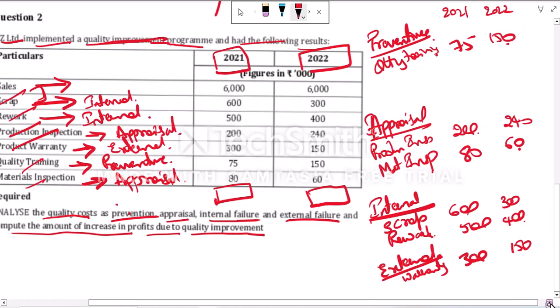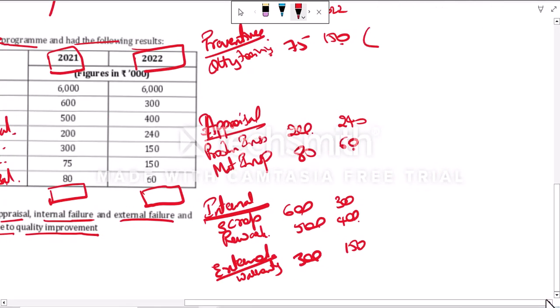Calculate each difference. See, preventive cost has increased from 75 to 150, meaning we don't have profit here, we have invested more, so negative 75, an extra amount we have incurred. Here appraisal cost also, an extra 40 we have incurred. Material inspection cost we got a reduction of 20 rupees, so a net increase of 20.